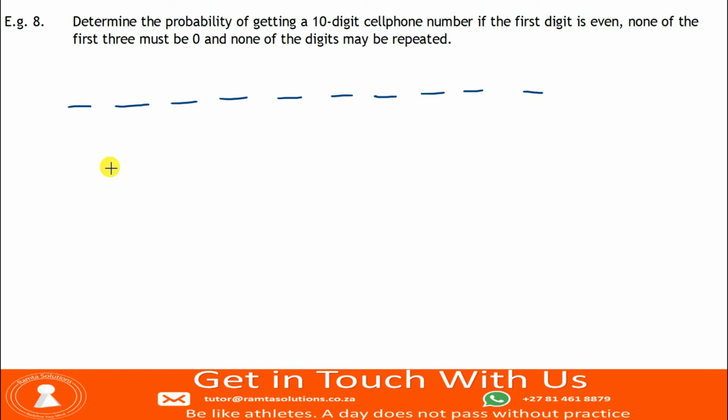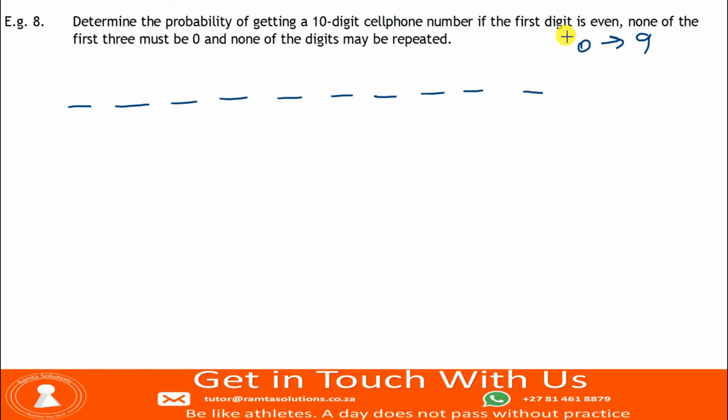The first digit is even. For digits, we're considering 0 to 9. Right? What I'm looking at here is this.